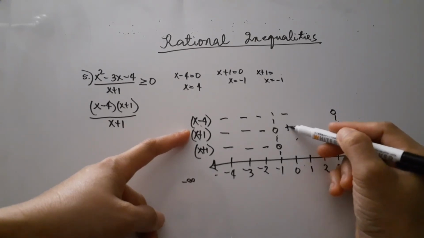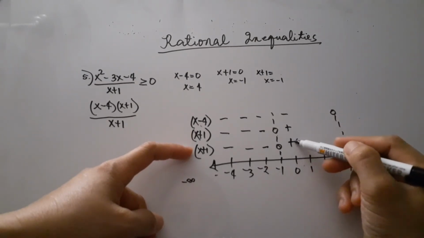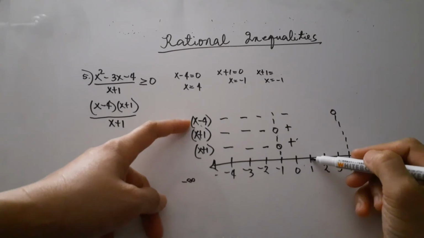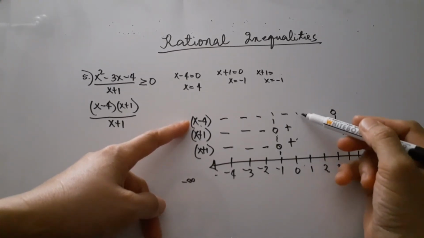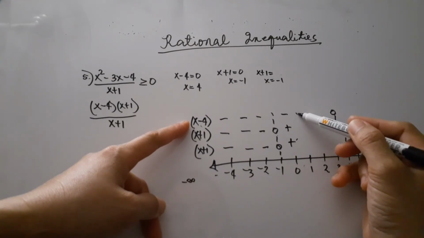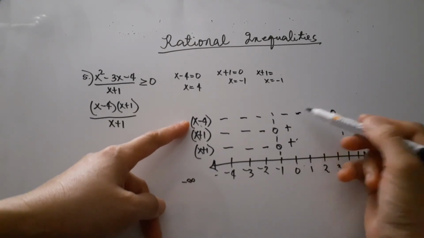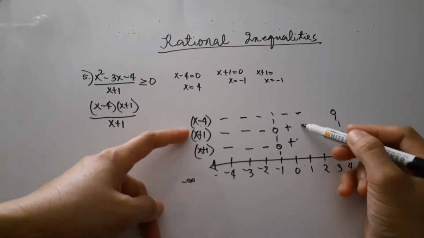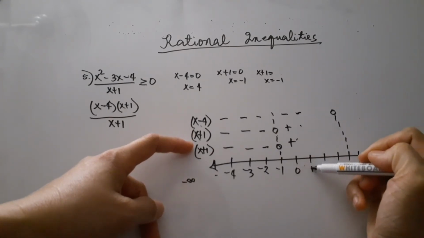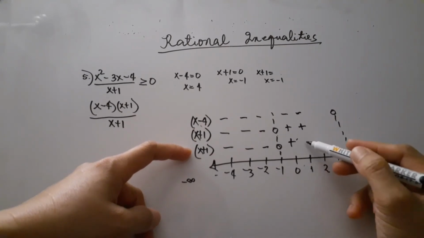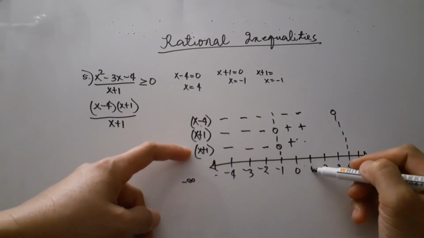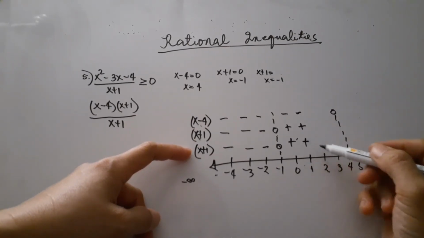And then we have 0, positive 1, minus 4, it is negative because 4 is the largest value, so we have a negative sign. And this one is positive since positive plus positive is positive. All here is positive.